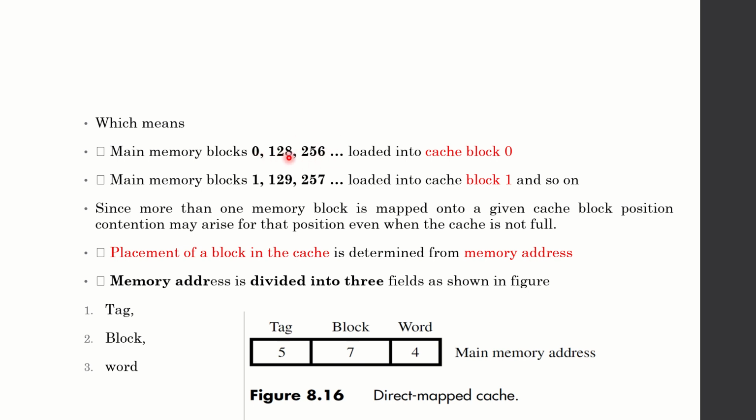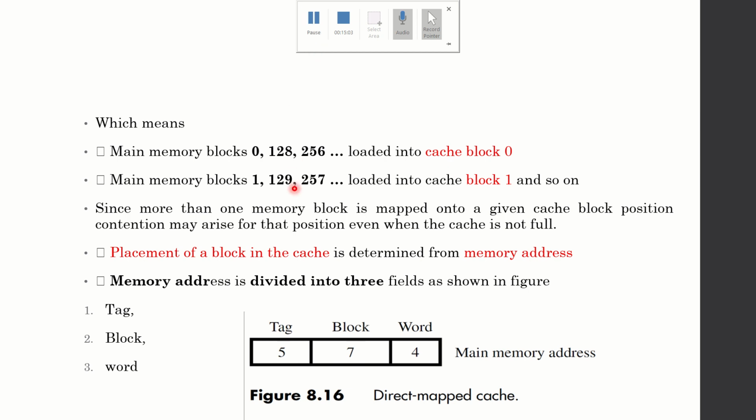So if the J value is 0, 128, 256, 512, etc., and we divide the corresponding value of J by 128, we get the remainder 0. That means all these main memory blocks will be loaded at cache block 0. In the same manner, main memory blocks 1, 129, 257, etc. can only be loaded at cache block 1. So that is the style of performing the mapping.